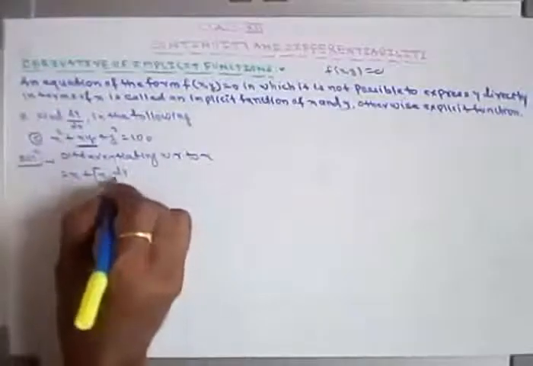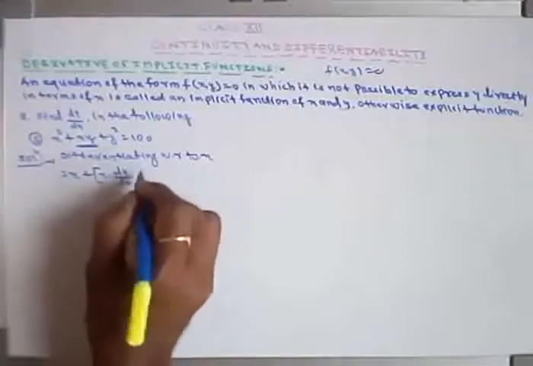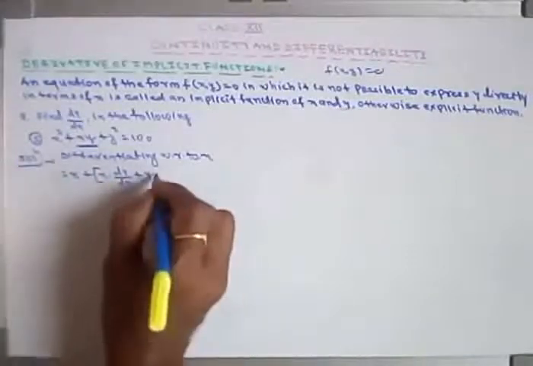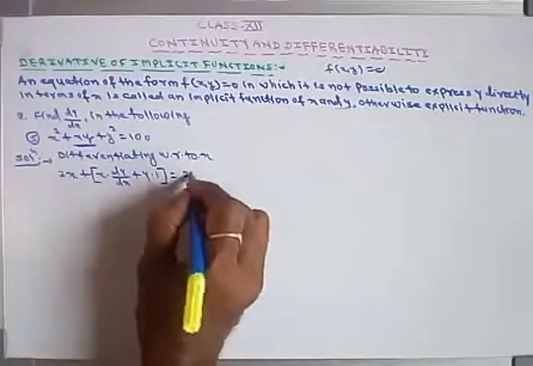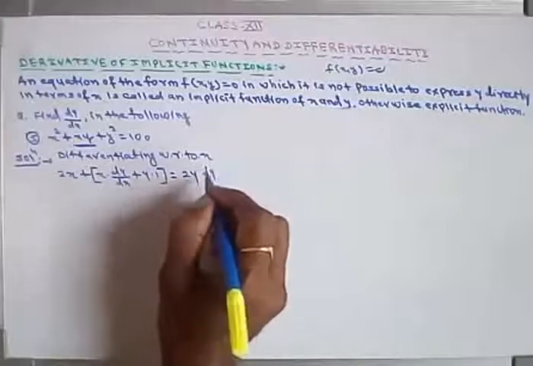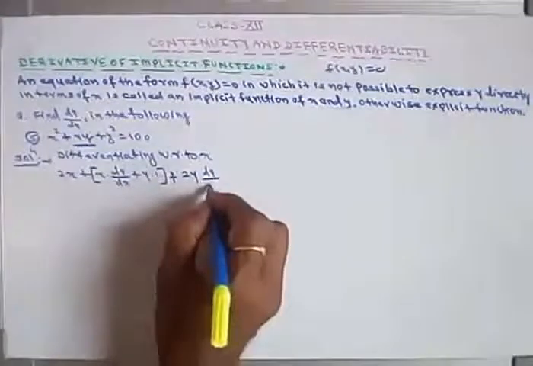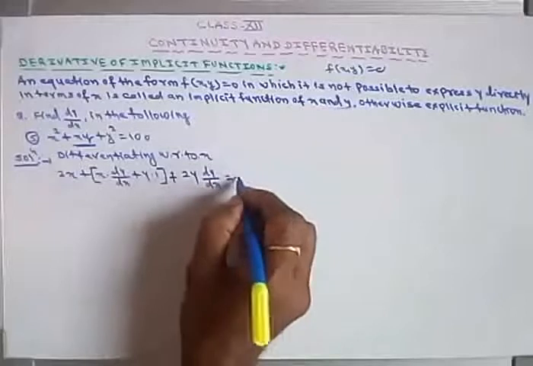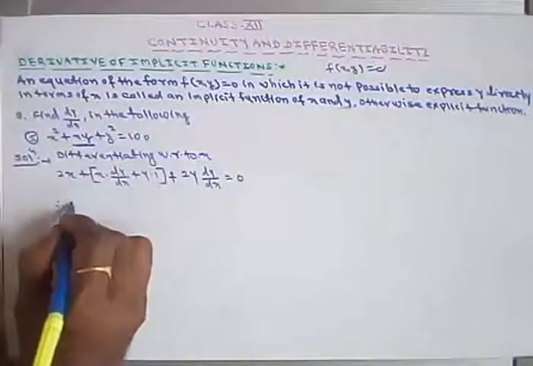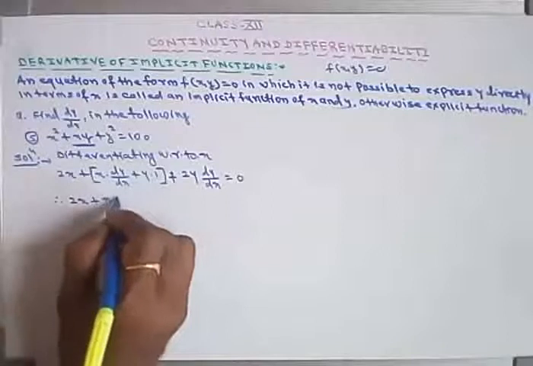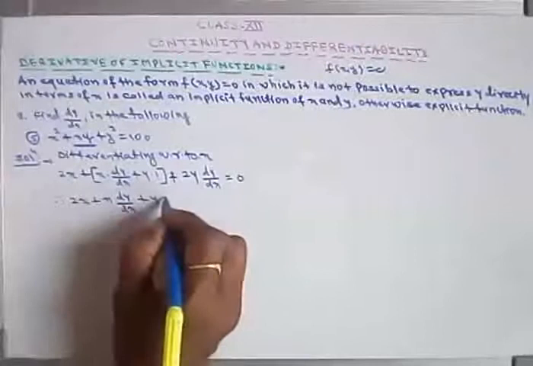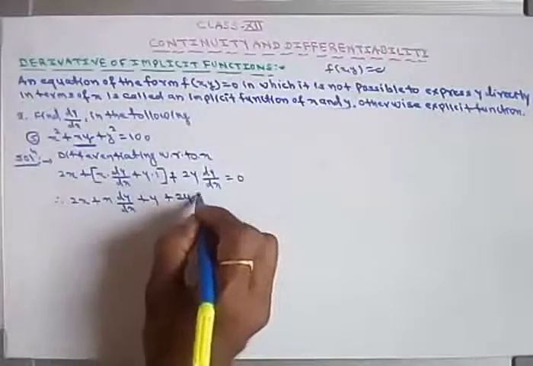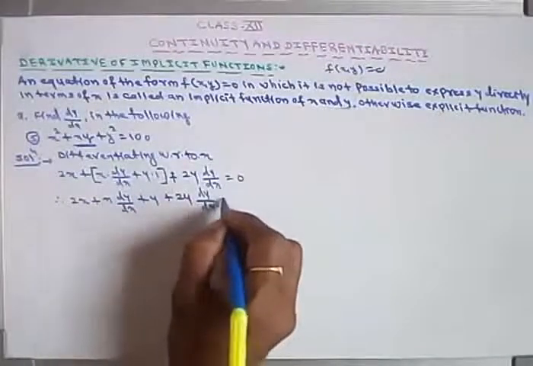Product rule, first function into derivative of y is 1 and since it is the term of y, so dy by dx plus second term y into derivative of x is 1, equal to twice y, derivative of y square into dy by dx, it is plus dy by dx equal to derivative of 100 is 0. Therefore 2x plus x into dy by dx plus y plus 2y into dy by dx equal to 0.